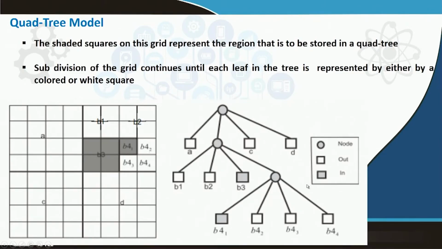Now B41 represents 1 pixel, B42 represents 1 pixel, B43 represents 1 pixel, and B44 represents another pixel, and these are individual pixels. So this is how the quad tree model actually stores data.